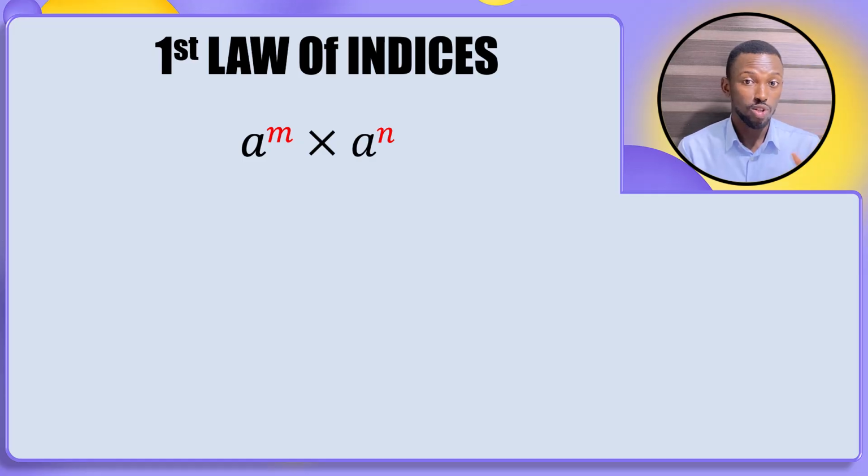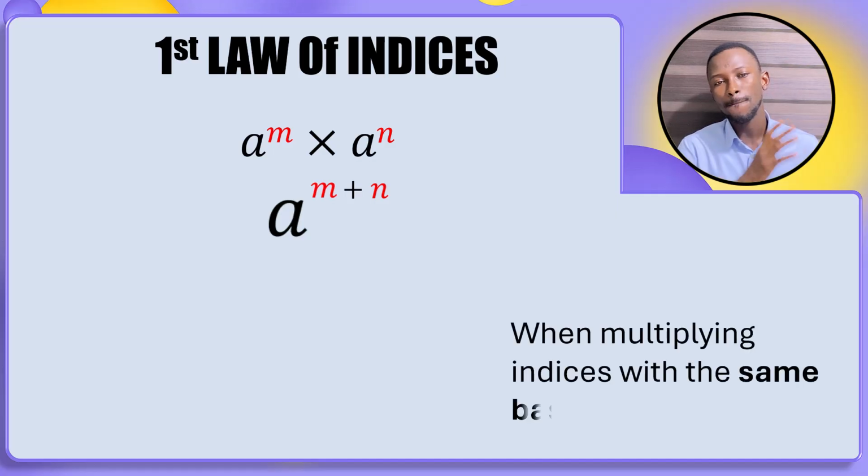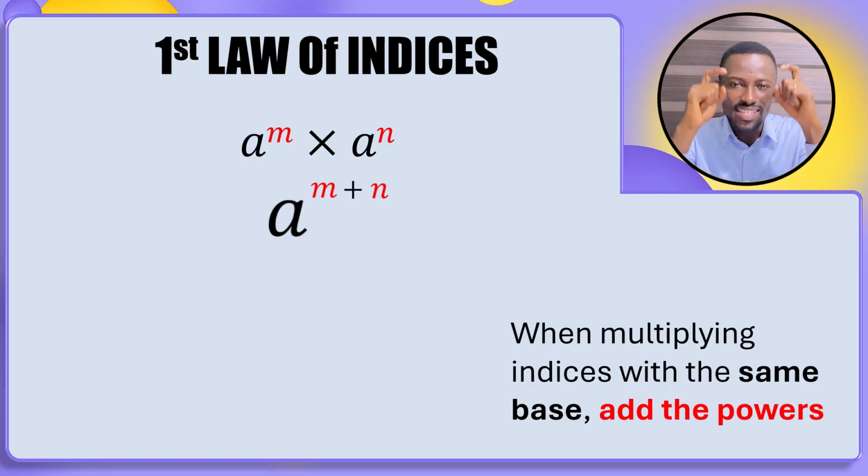According to the first law of indices, if you have numbers of the same base, just pick one of the bases, which in this case is a, then you take the exponents and add them together. That's what the first law of indices is all about. So according to this first law, when multiplying indices with the same base, add the powers. Let's pick an example.